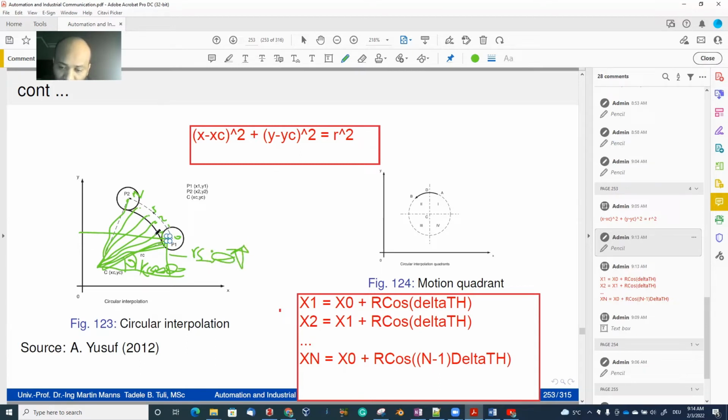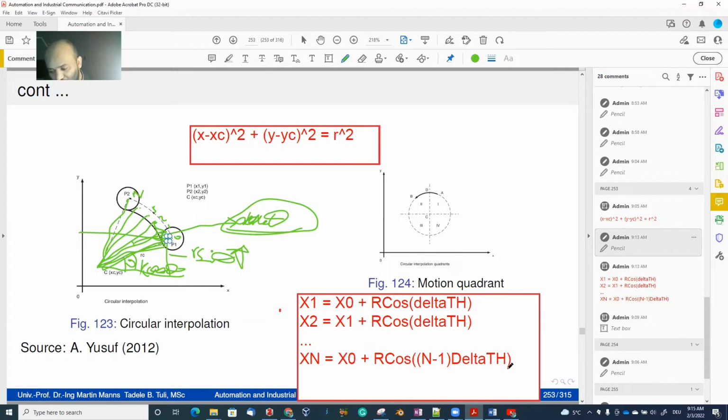The same thing for this, I have these smaller distances, okay? So these smaller distances will produce a very small theta, which is delta theta, okay? So the same is true.